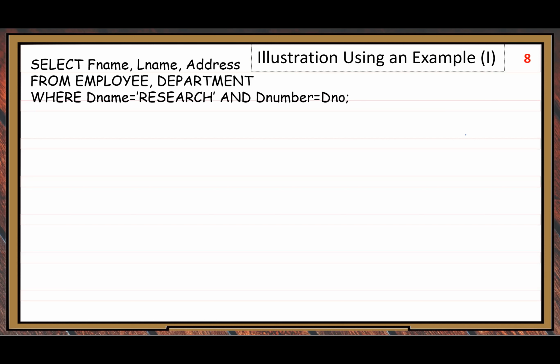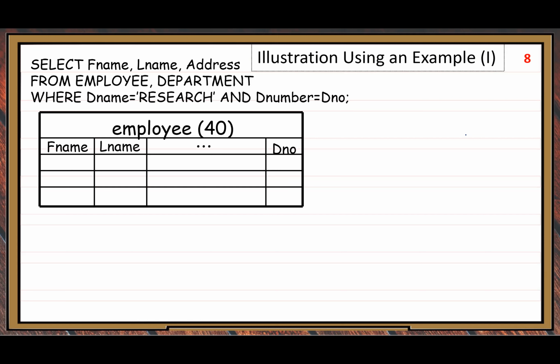Before we join, let us list the two tables side by side. The first table, the employee table, I put a 40 in the parentheses. That means there are 40 employees in this company: 40 records, 40 rows.